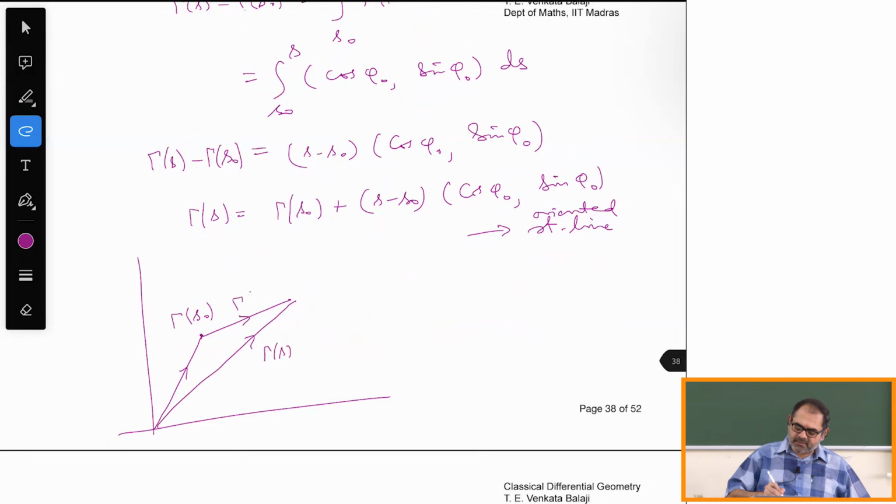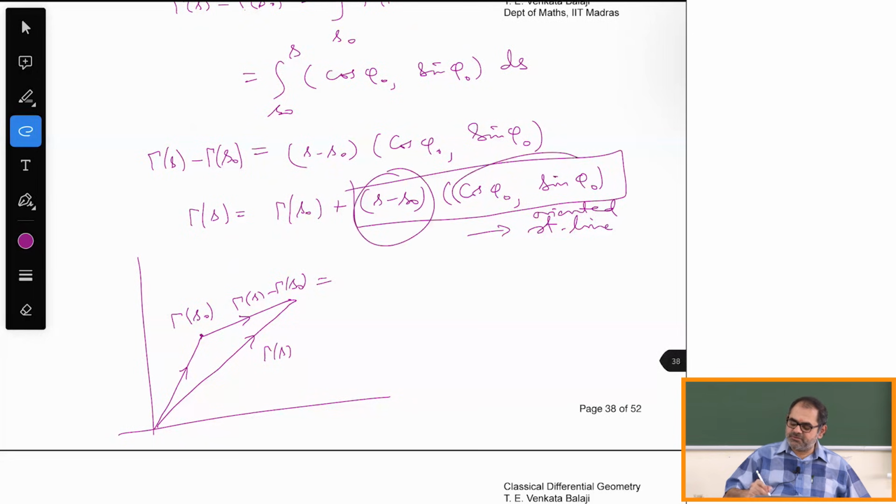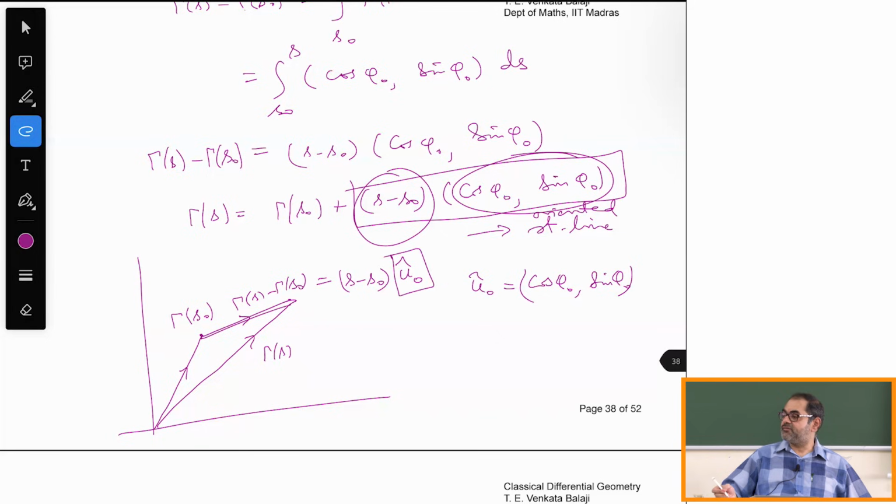Then this vector is gamma(s) minus gamma(s0), which is (s minus s0) times this unit vector, u0 cap, where u0 cap is (cos phi0, sin phi0). So the direction of gamma(s) minus gamma(s0) is constant, the same as u0 cap, and as s increases you are only going along the direction of u0 cap.